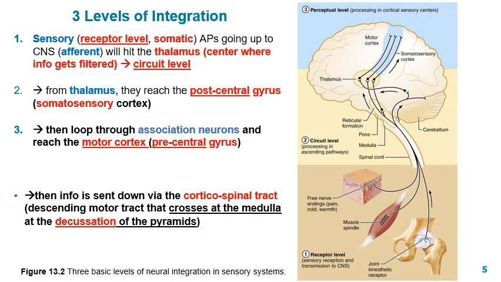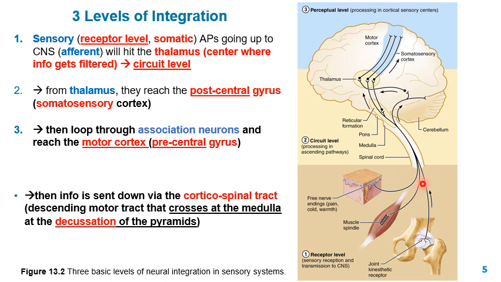All right. So here at the levels of organization, right? Here you have your receptor levels, and receptors that are going from your skin or from muscles or from joints, right? Those are all part of your somatic type of input. Somatic input here. Those are receptor levels.